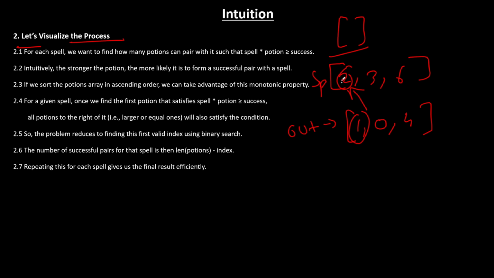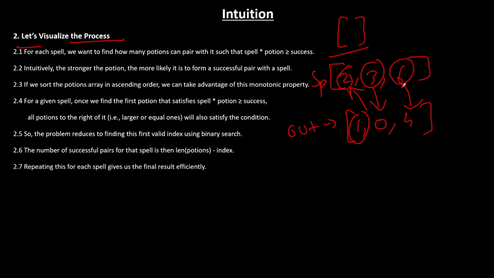What it means is how many pairs, or how many products with the pairs of persons there were. Okay, so if you could see, if the strength of the spell value is 3, there are this number of pairs. If the strength of the spell value is 6, the number of values which are greater than the success is this, right?